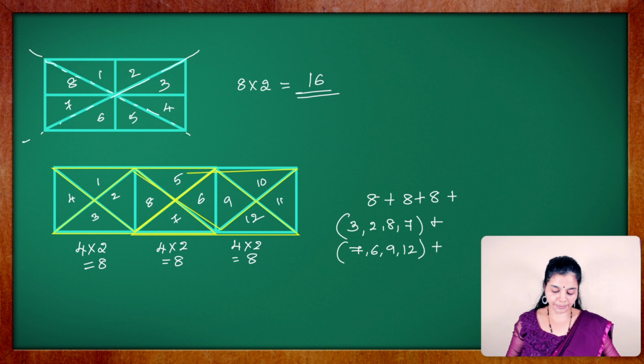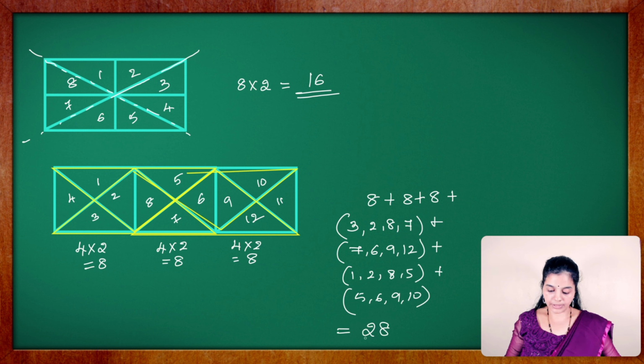Then 2 more on the upper side, we have 1, 2, 8, 5 plus 5, 6, 9, 10. So how many triangles do we have altogether? It's 8 into 3, 24, 25, 26, 27, 28. So altogether we have 28 triangles in the given figure.